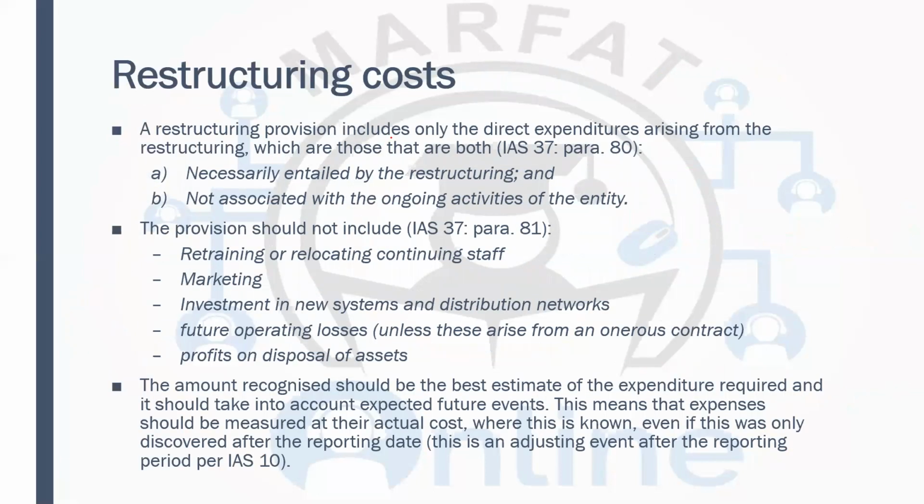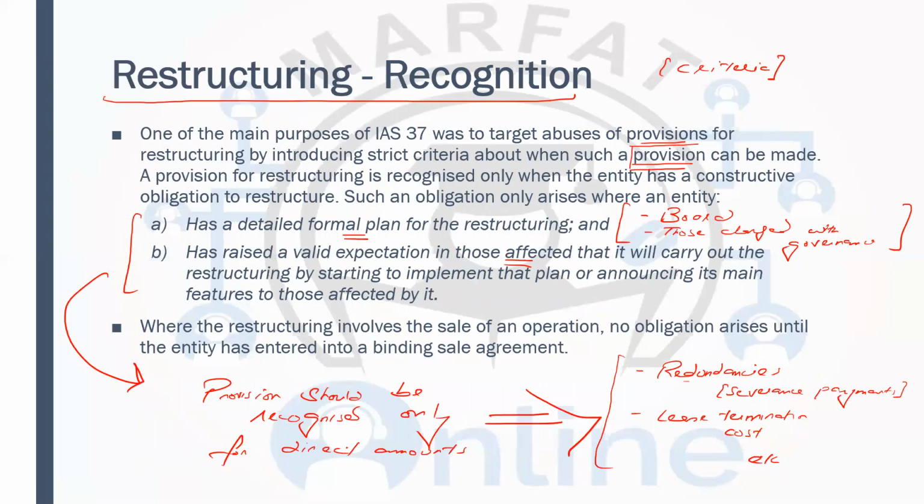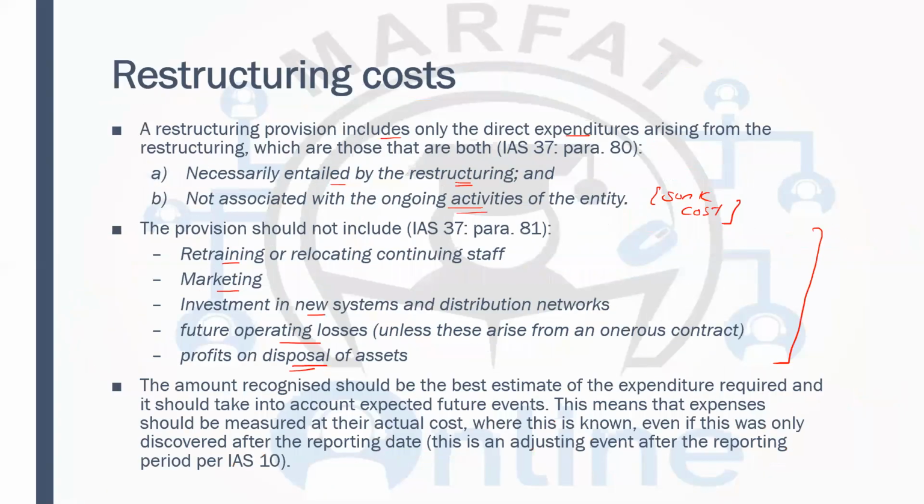So a restructuring provision includes only the direct expenditures arising from restructuring, which are those that are both necessarily entailed by the restructuring and not associated with ongoing activities, such as sunk cost, which has already been incurred, or irrelevant cost. The provision should not be recorded for retraining, marketing expenses, investment in new systems, future operating losses, profits on disposal of assets. It should be recorded for redundancies, severance payments, lease termination cost, loan repayment cost, etc.